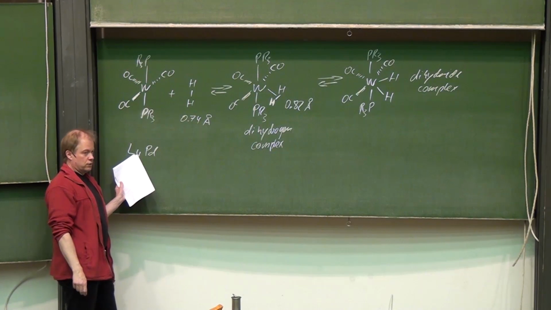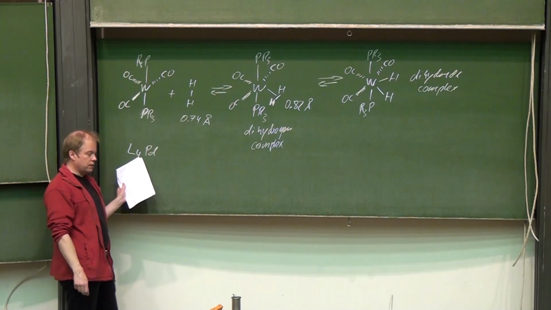So, Palladium 0 with these 4 ligands could be 4 phosphine ligands.